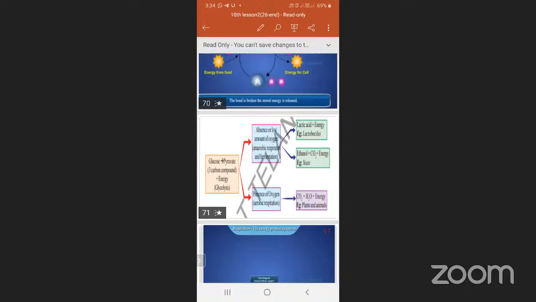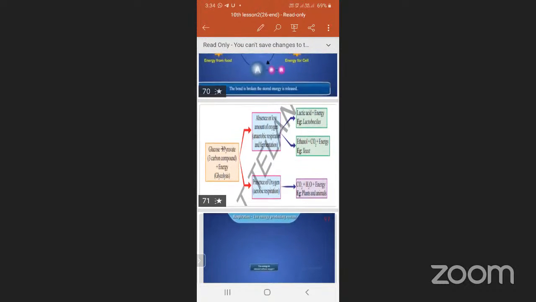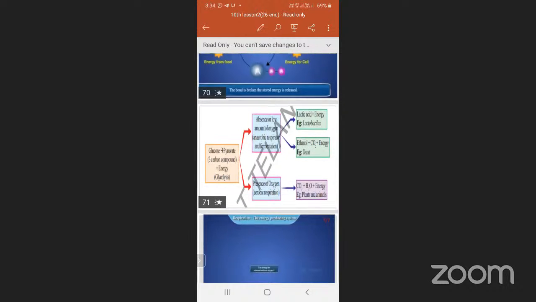In the second stage, if oxygen is available, then this down step will take place. Okay, in the presence of oxygen, or if oxygen is available in the next step, then pyruvic acid, pyruvates, is oxidized to carbon dioxide and water. A large amount of energy is released.